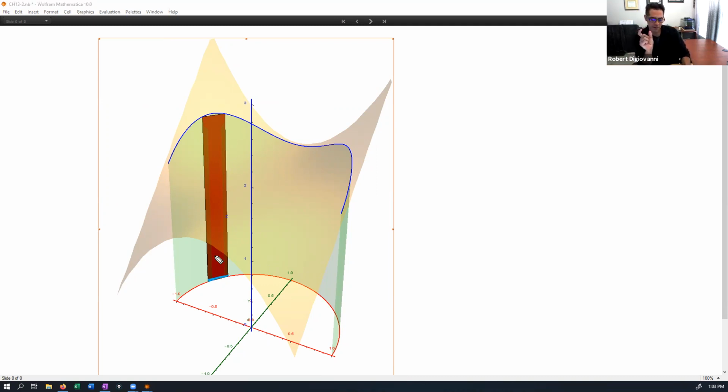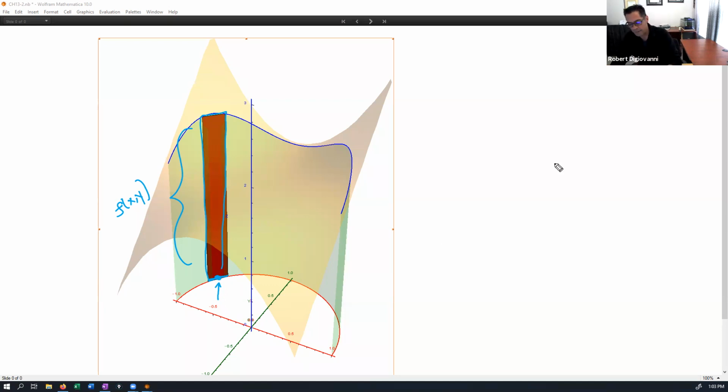That'll give us the width of the rectangle. The height of the rectangle, well, that will just be the surface function evaluated at some point in that rectangle. So to figure out the length of this bottom piece, that's the hard part. That's really the most difficult part of the whole thing.